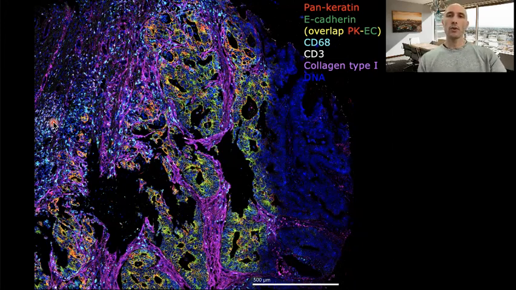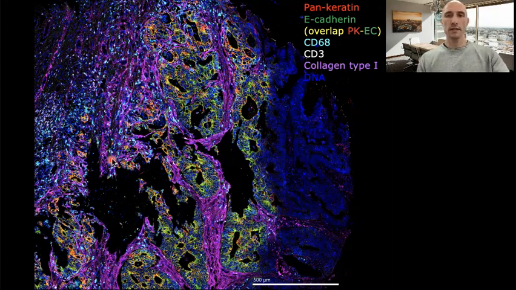Now, what you have to remember is that even though you are seeing here a perfect image of a tissue with cells positive for PK, for CD3, for CD68, for E-cadherin, for collagen, and you are seeing the DNA positive in here, this is no more than X and Y data. From a software standpoint, this is a group of pixels.